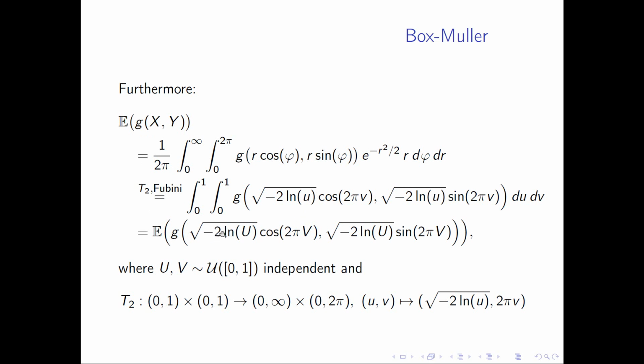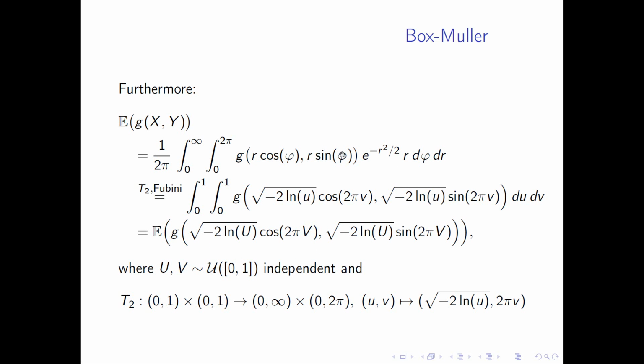So these random variables have now the same distribution as x and y, so they are independent standard normal random variables. And this is done now by T2. T1 was the preparation, and T2 does the final job.